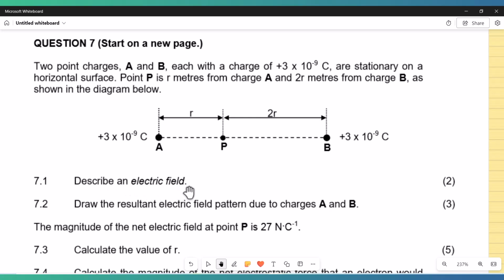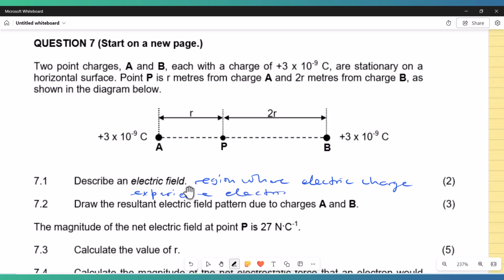So what's an electric field? It is a region, or you can say space, where an electric charge will experience an electric force.